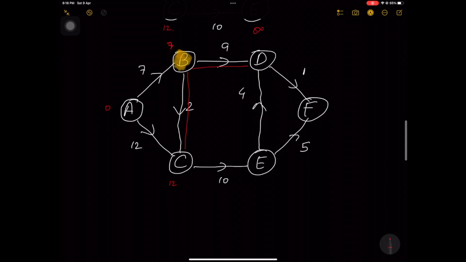So when we're going from B to C, we will include the distance that it took us to get to B from A. So right now it's 7, so 7 plus 2 is 9, and 9 is less than 12, so C becomes 9.